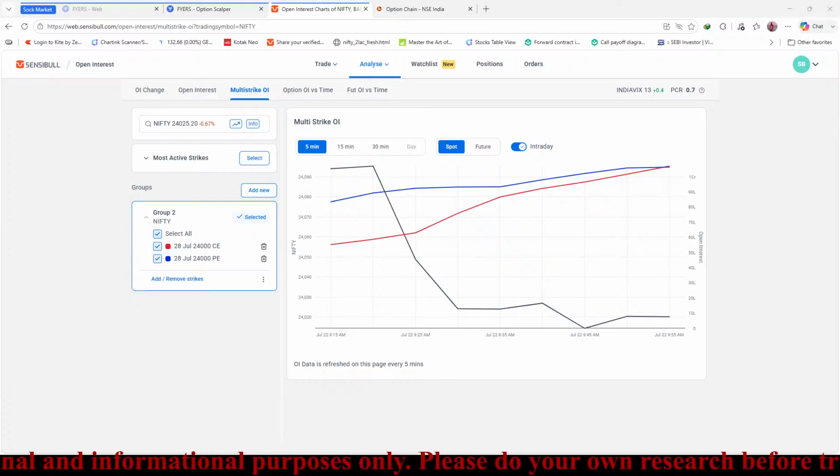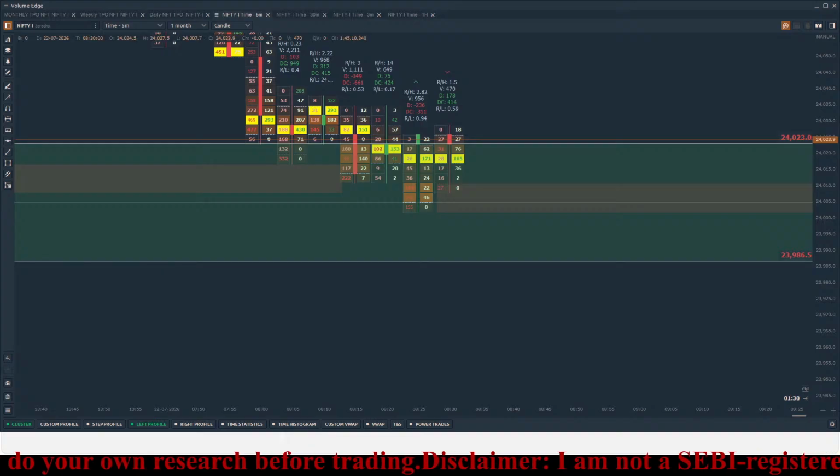Let's see, the levels are struggling like anything. The buyers are accumulating positions. I think you are unable to see my chart, right? Yeah, this one.